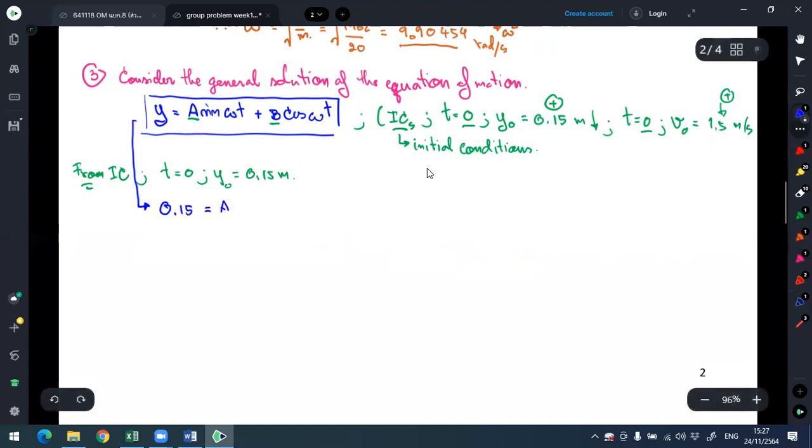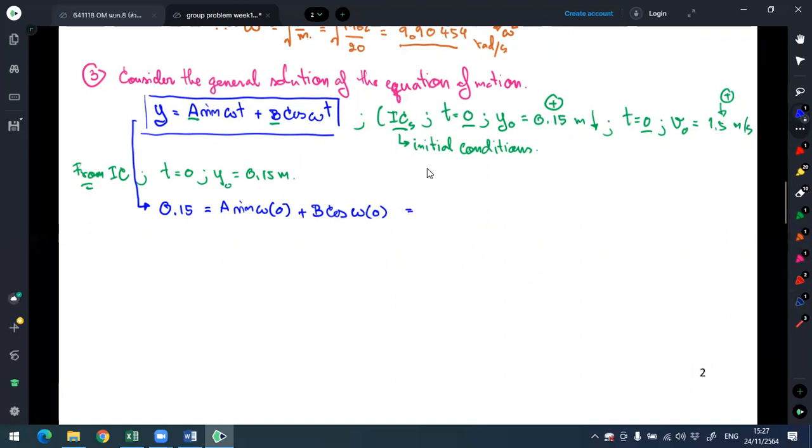y equals a sine omega t, where t is 0, plus b cosine omega t, where t is 0. Cosine omega times 0 becomes cosine 0, which is equal to 1.